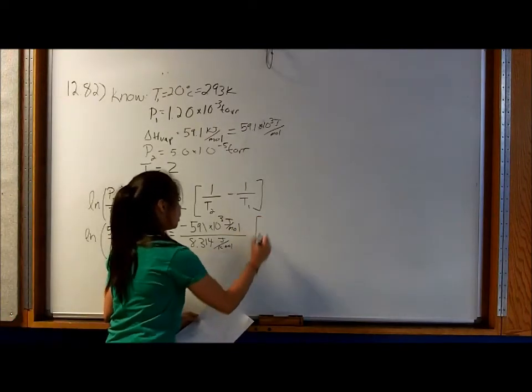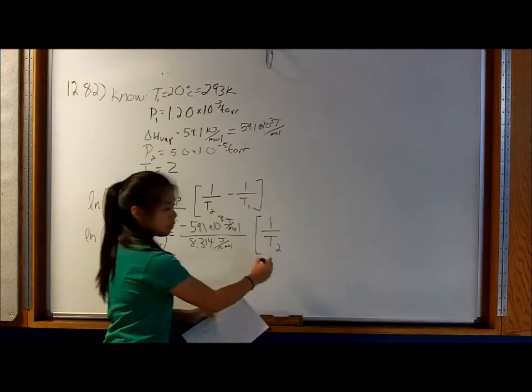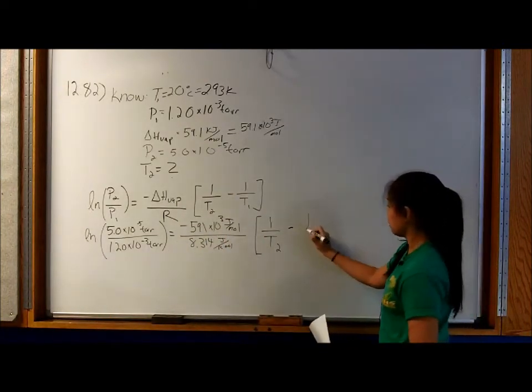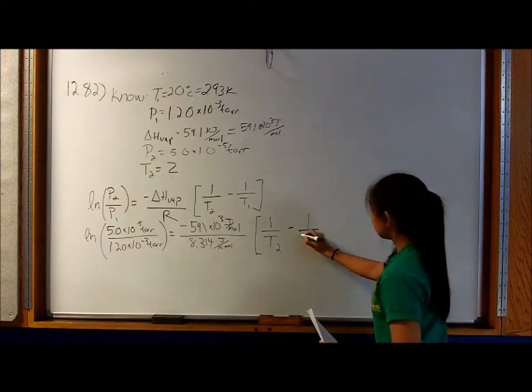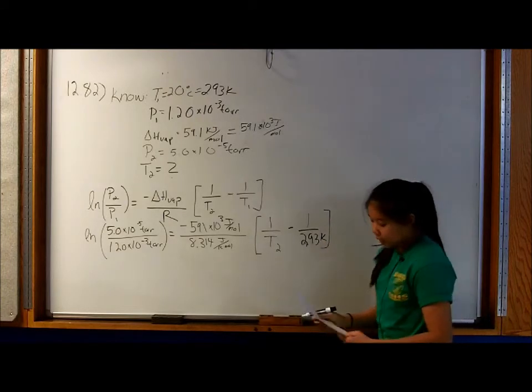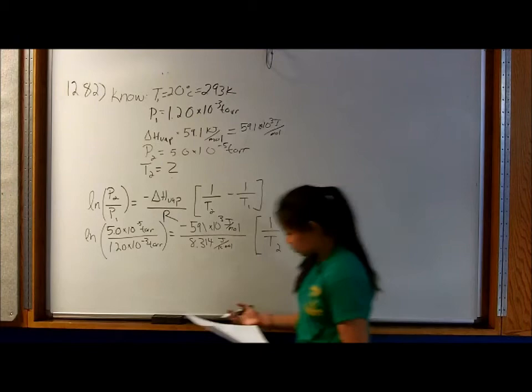And now you just plug in your temperature values. You don't know your T2, so you're going to leave that as a variable. And now you're going to put in your T1 value, which would be 293 Kelvin. So now all it is just math. So I'm going to just write out the math steps for you.